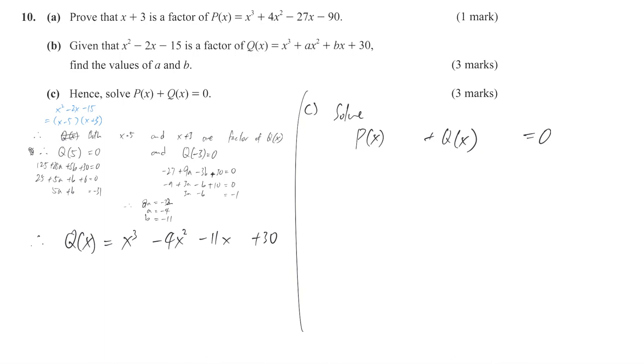This is a factor of q(x) only. But they tell you that x plus 3 is a factor. And also in part B, x plus 3 is also a factor. Then we try dividing by x plus 3.